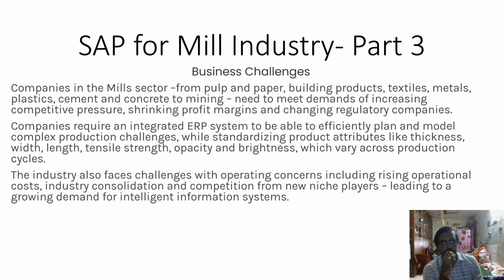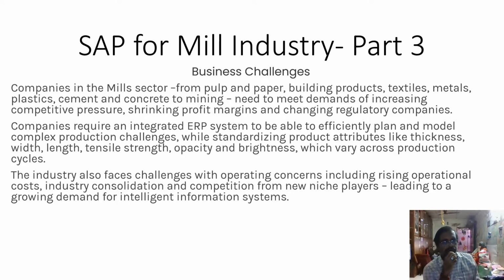That is what they need to face all these challenges with SAP, and thereby make standardized product attributes like thickness, width, length, tensile strength, opacity and brightness, which vary across a production cycle. Normally the client will ask for a certain paper thickness, it should be opaque and the color should be more white.